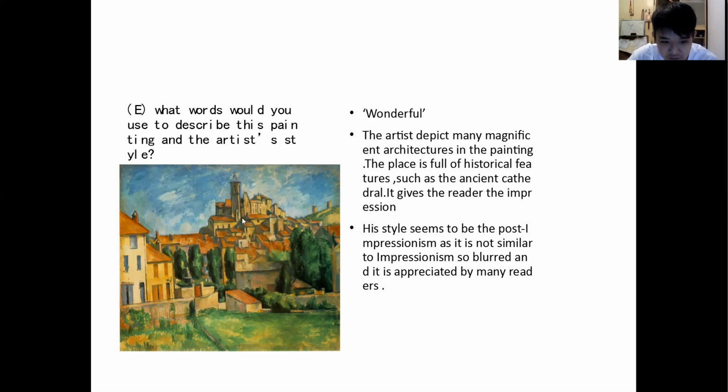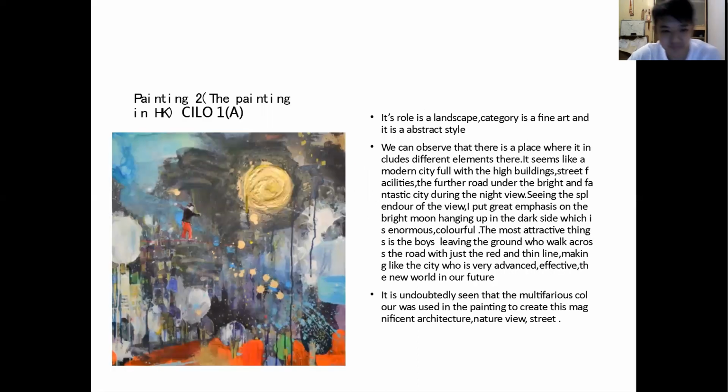It's very suitable to use many elements of art, such as the colors, to paint the town and this natural environment. His style seems to be post-impressionism, as it is not similar to impressionism, and is appreciated by many readers because he painted so passionately.